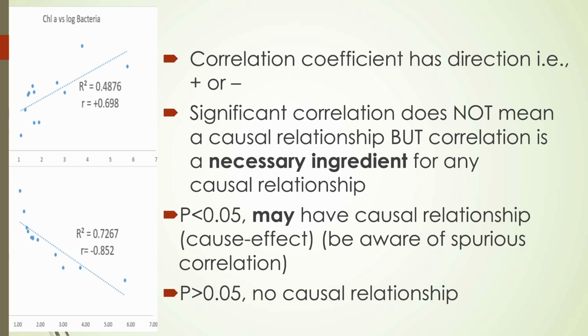Therefore, the correlation that you observed between chlorophyll A and bacteria is actually just a co-variation of both against the nutrient. However, if P is above 0.05 in carrying out correlation analysis, then there should not be any causal relationship between the pair of variables analyzed. So, significant correlation does not mean causal relationship, but correlation is a necessary ingredient for any causal relationship. This is an important point to remember.